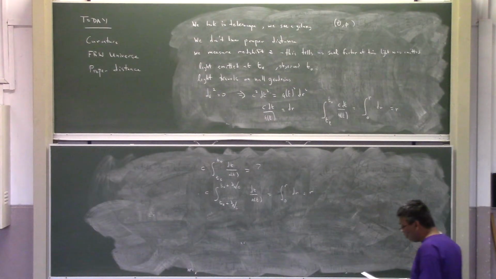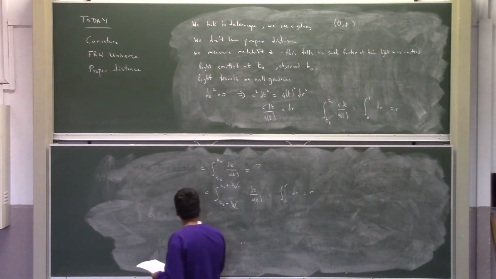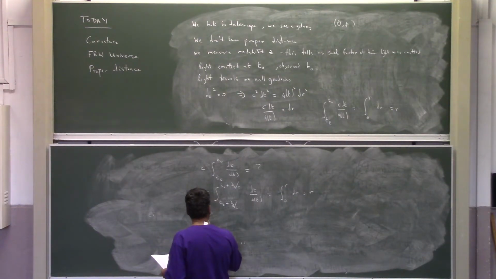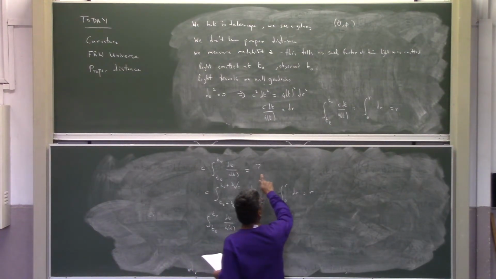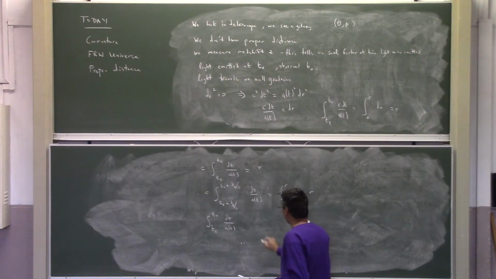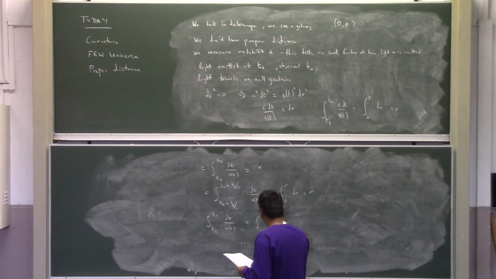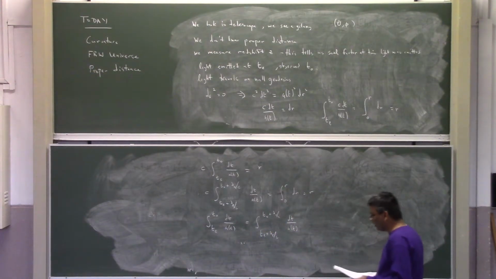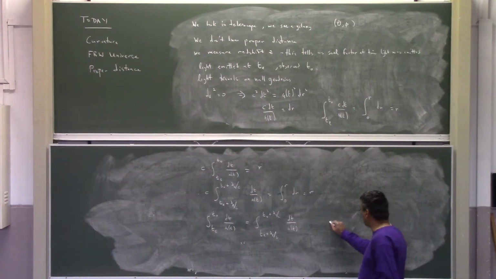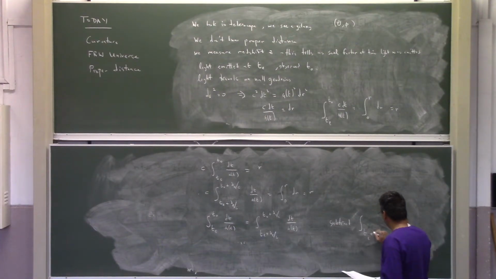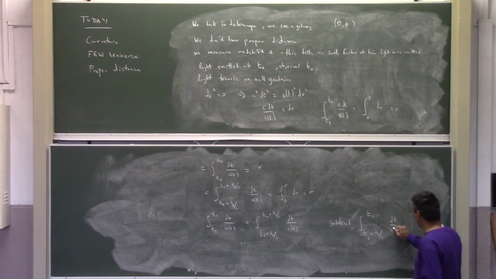Okay, so now let's look. We know then that the integral from t_E to t0 of dt over a of t equals r, and this also equals r. These two expressions equal each other. Okay, so let's be clever, and let's subtract the integral from t_E plus lambda E over c to t0 of dt over a of t from each side.